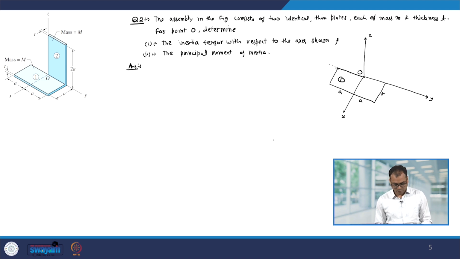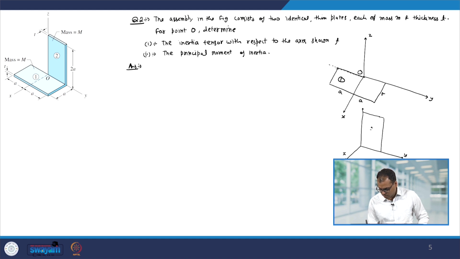So, this is our plate 1, and the second plate is like this. Okay.